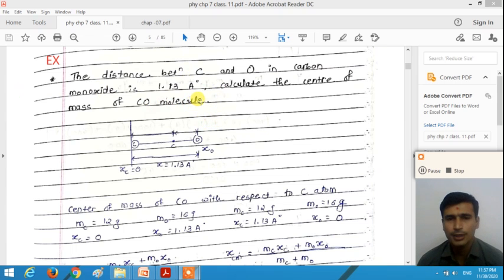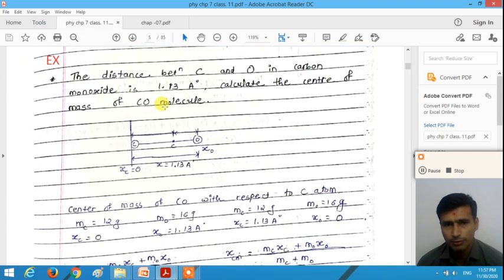Here the center of mass of the carbon monoxide molecule with respect to the carbon atom is different from that with respect to the oxygen atom. So first we calculate the center of mass of the CO molecule with respect to the carbon atom.